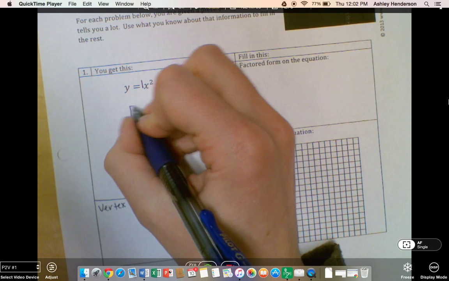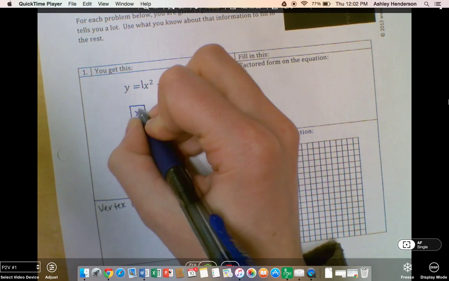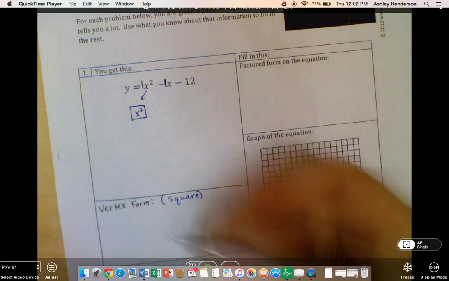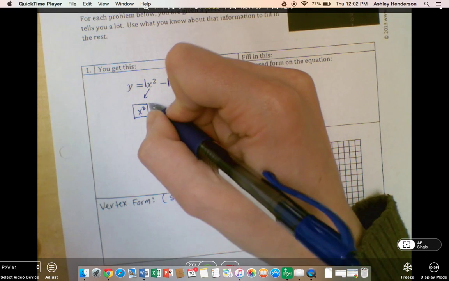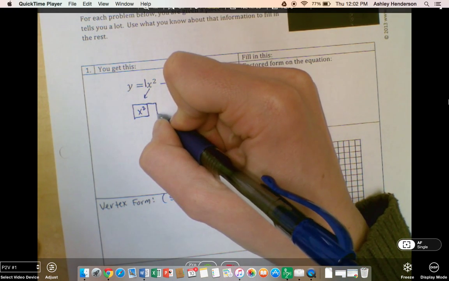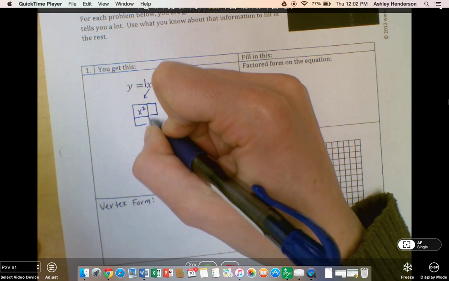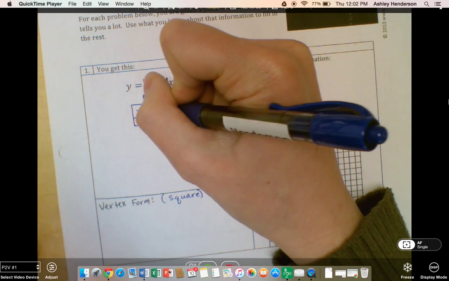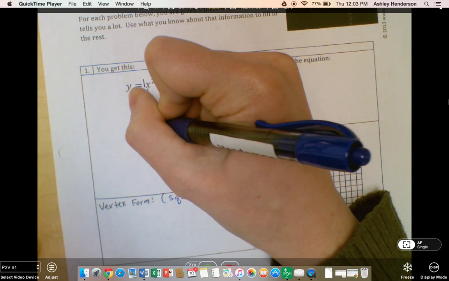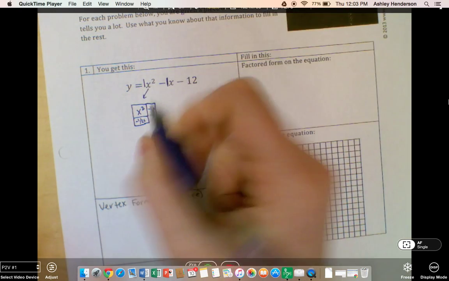So x squared creates only one square. Negative 1 is going to be broken up evenly, hence a square. So half of negative 1 would be negative 1/2, and negative 1/2.